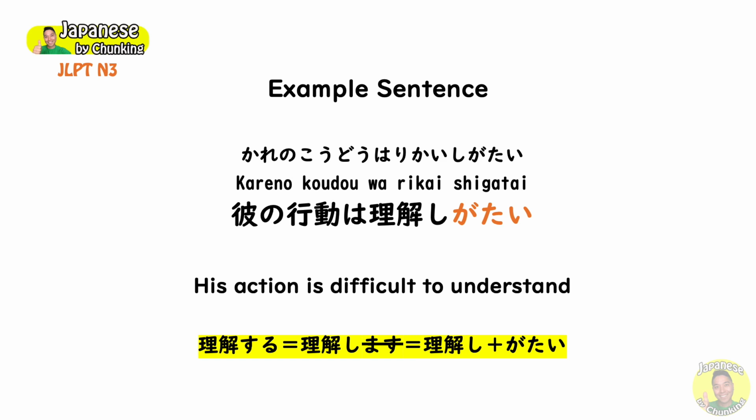The verb here is 理解する。理解する is to understand. ます form is 理解します。Take off the ます。You're left with 理解し and add がたい。理解しがたい。彼の行動 his action は理解しがたい。So his action is difficult to understand.